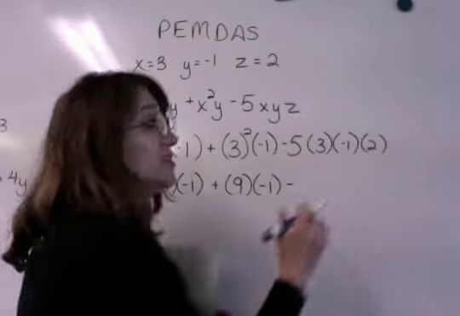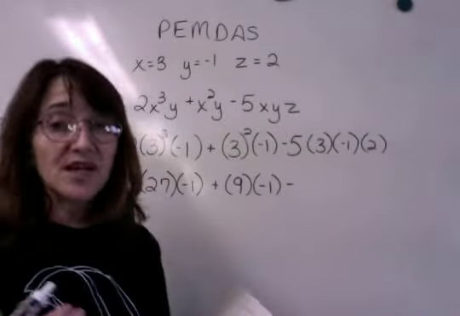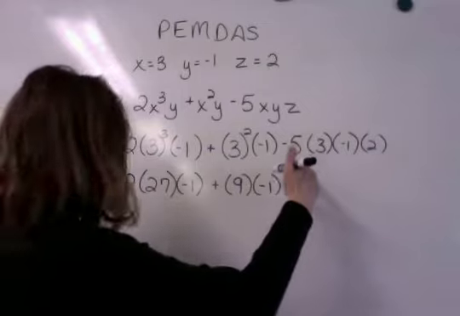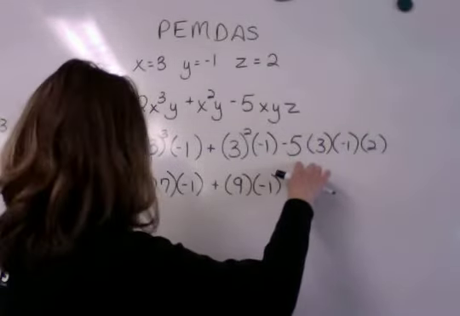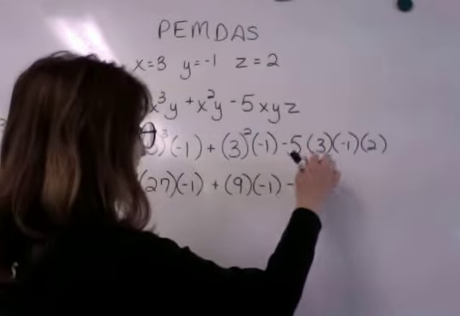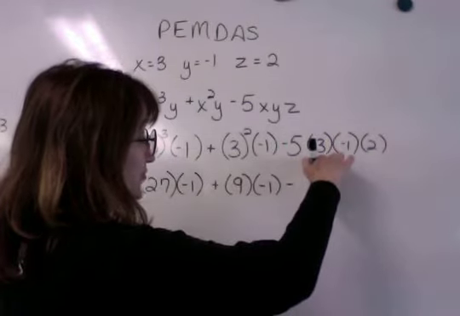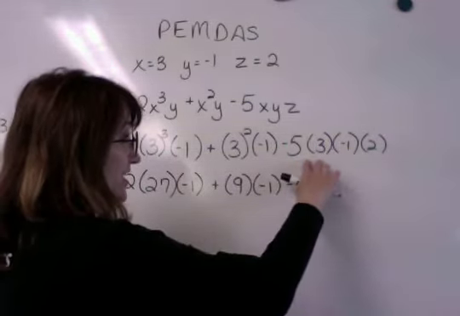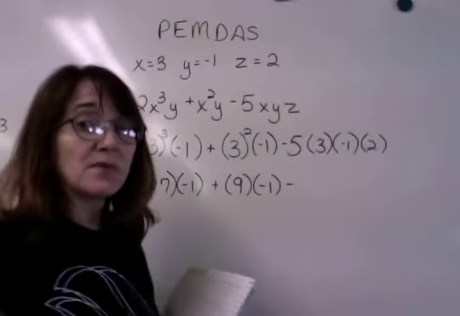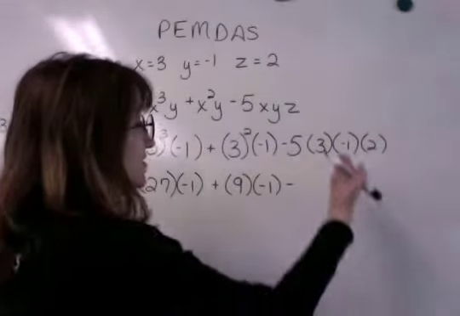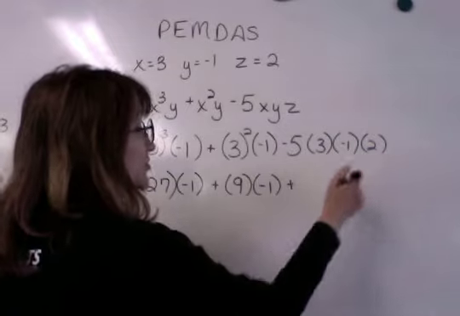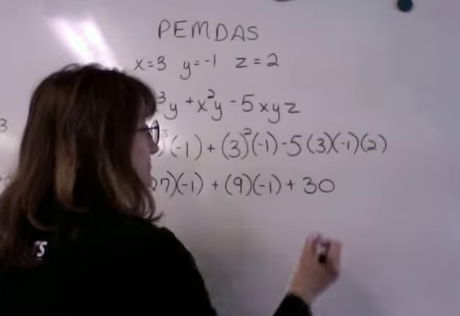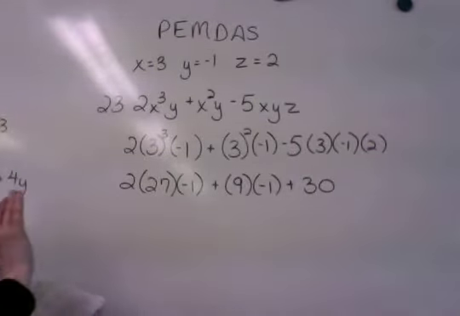This was the only one that I would be able to go ahead and multiply, and that would be if a negative 5 was multiplied by a negative 3, that would be a negative 15. Then if I had negative 15 times negative 1, it became a positive 15. Then the positive 15 times the 2 would become a positive 30. So we've gone that far.